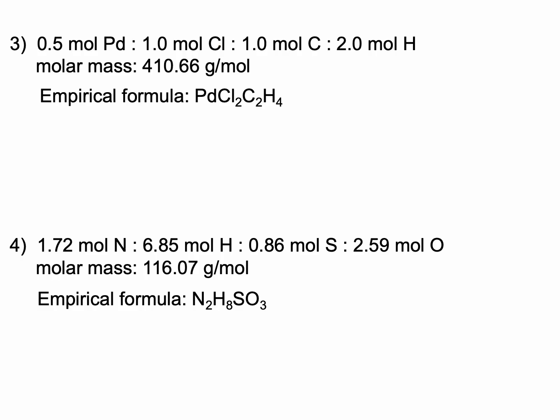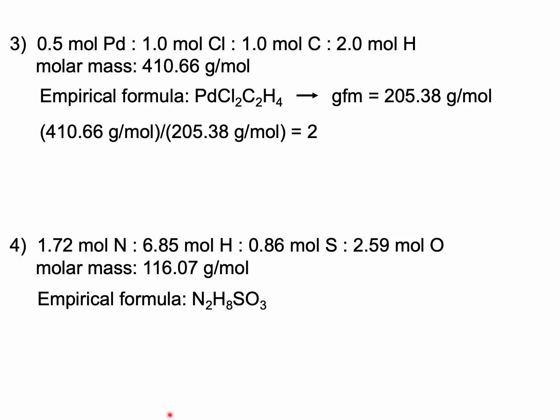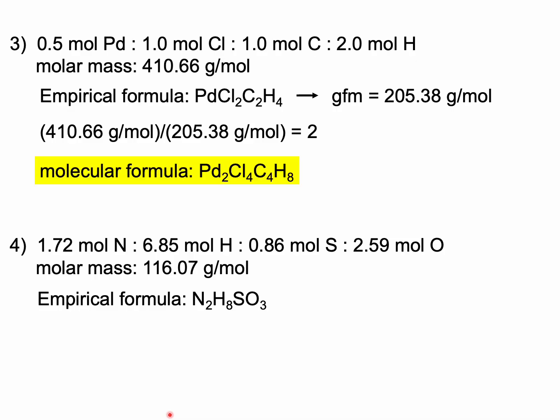All right, so for our last two examples, our empirical formula is PdCl2C2H4. We have to find the small GFM, which is 205.38. So we're going to take our big GFM and divide by the smaller one. We get a factor of 2, which means that the molecular formula is going to be Pd2Cl4C4H8.